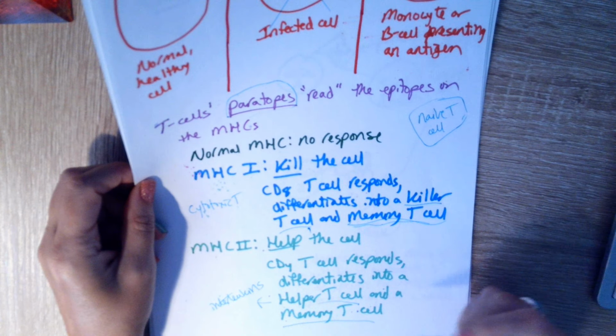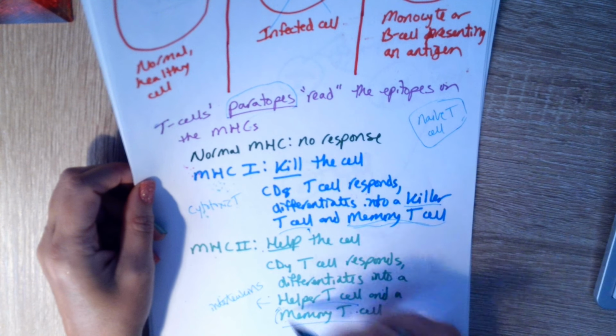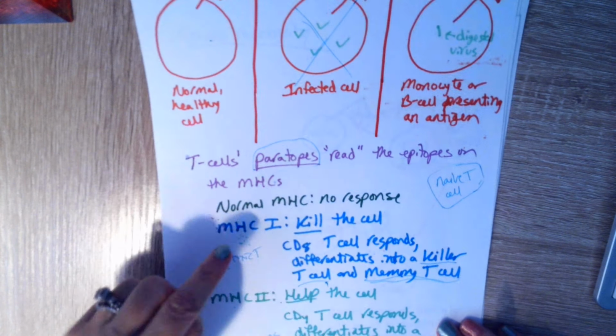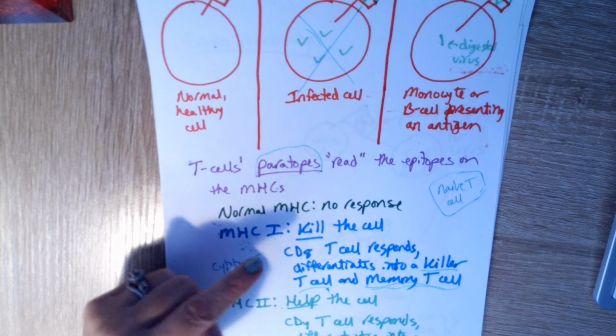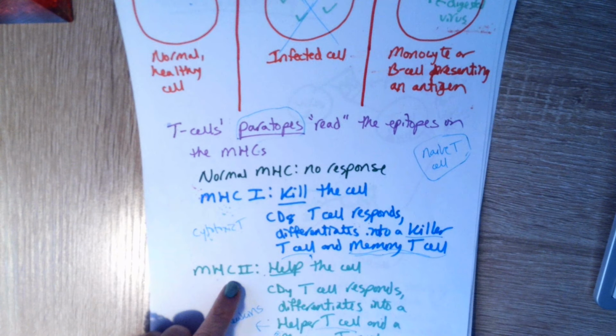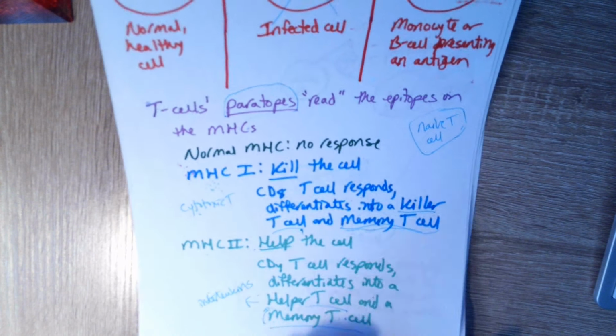And then a memory T cell, which can quickly turn into a helper T cell if exposed to that same pathogen again. So for an MHC1, the CD8s respond, turn into a killer T cell and a memory T cell. For MHC2, the CD4s respond, turn into a helper T cell and a memory T cell.